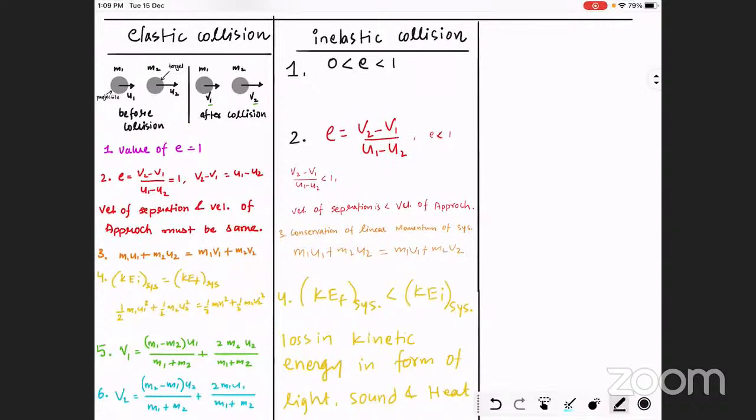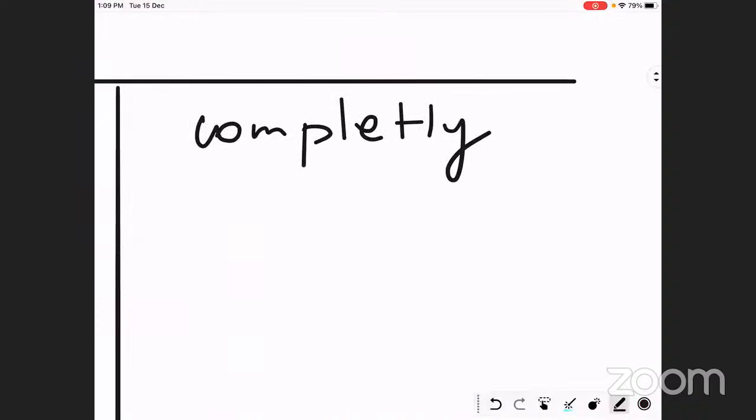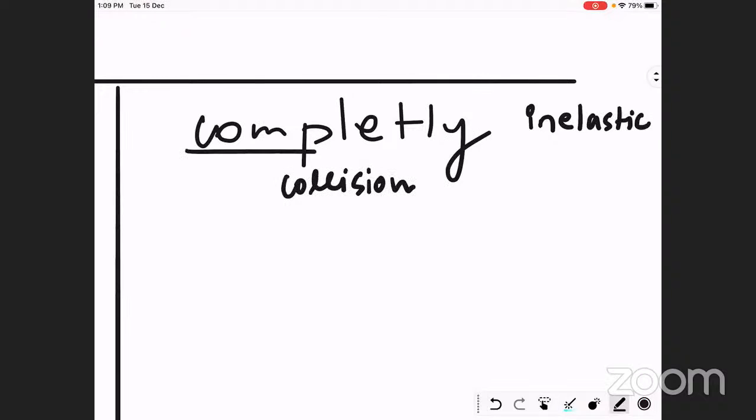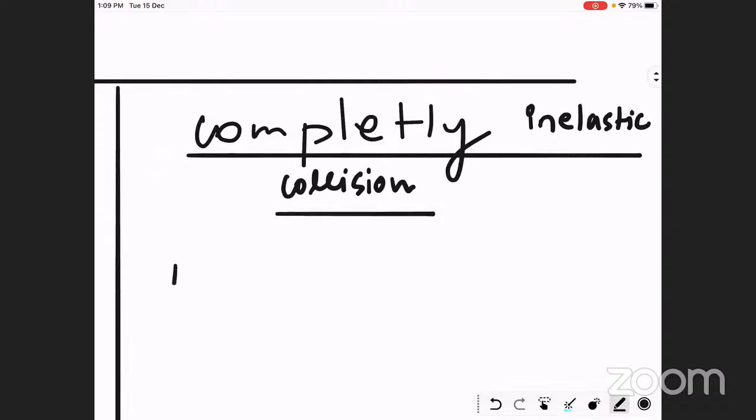Now let's write this difference for completely inelastic collision. What happens in this, children? After collision, the two bodies start moving together and the value of E must be 0.